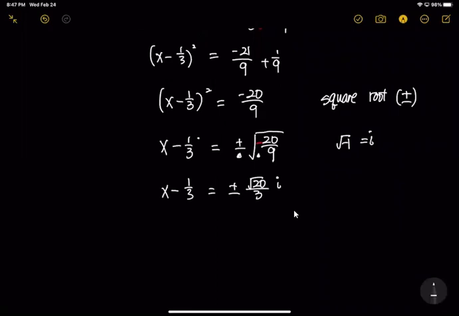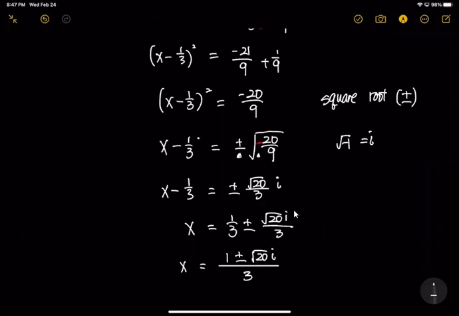Okay, now I want to add 1/3 on both sides. So x is equal to 1/3 plus and minus the square root of 20 i over 3. They have a common denominator, so I can combine these two terms together over 3. So that would be the solution.